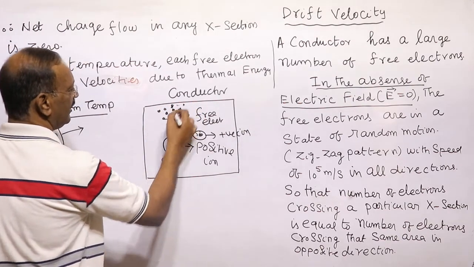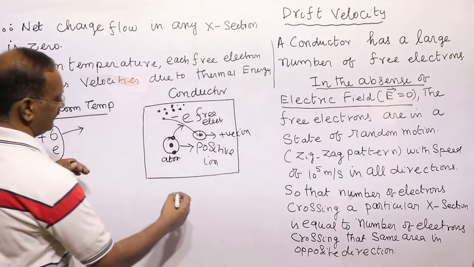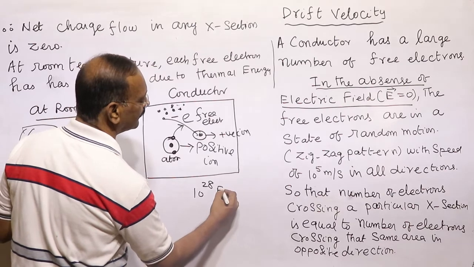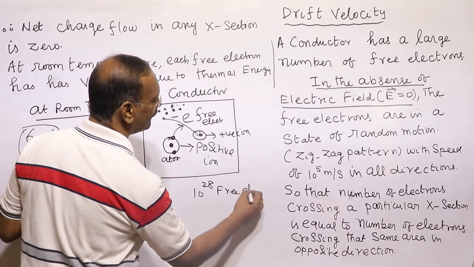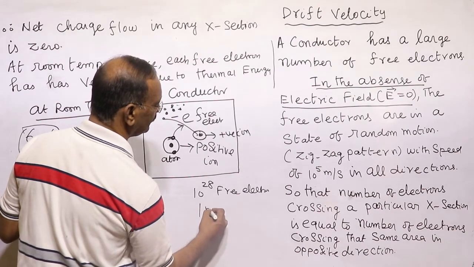On average, how many free electrons do we have? There will be 10 to the power 28 free electrons per meter cube.